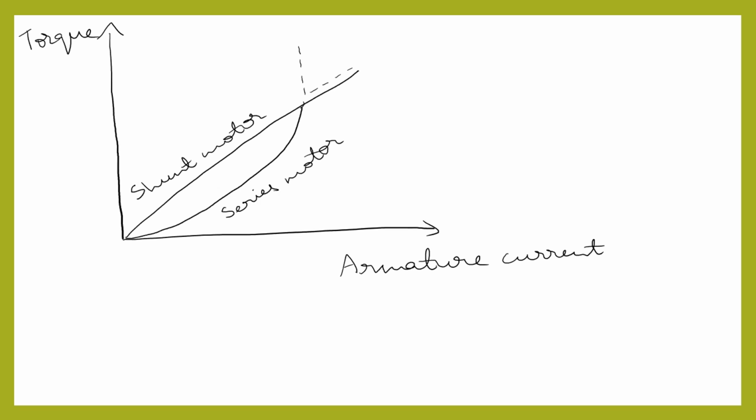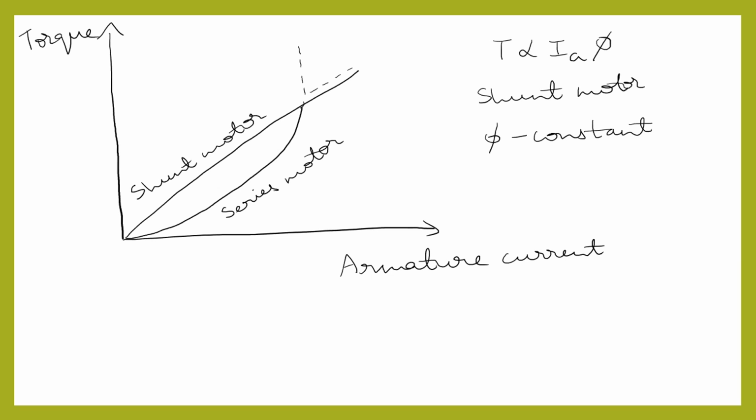The torque is proportional to Ia into phi. In case of shunt motor, phi is constant. Therefore, the torque varies with Ia.